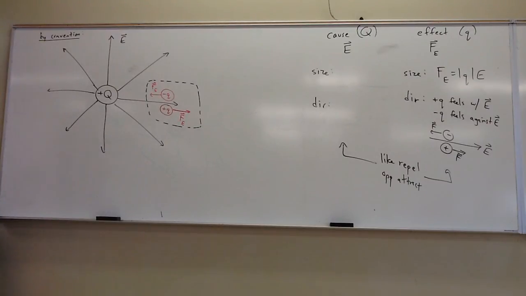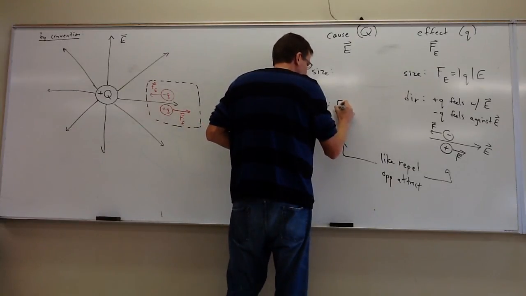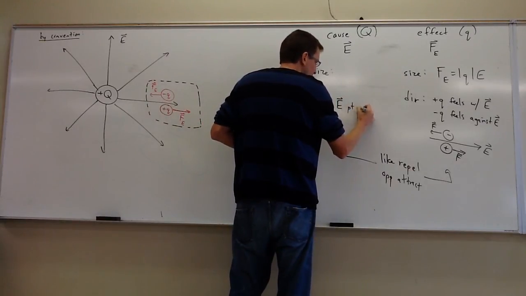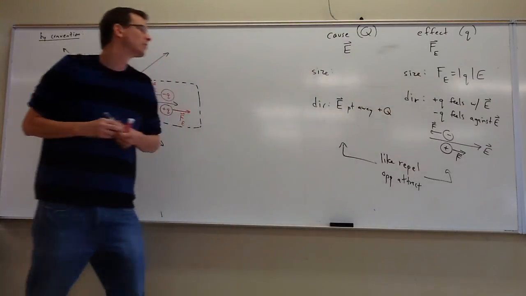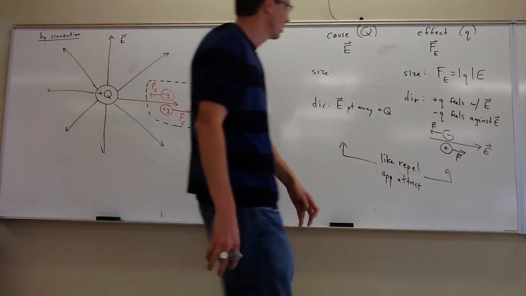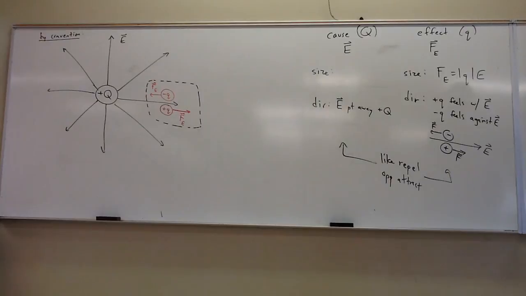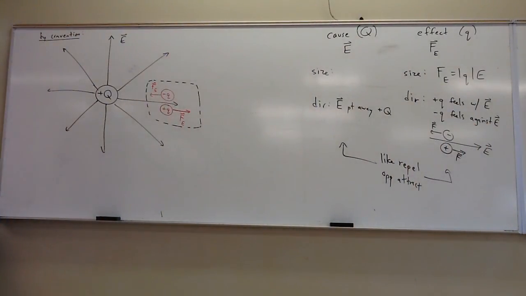So going along with this, electric field lines point away from positive charges. So we can talk about what the big Q causes. The electric field lines go away from it. That's by convention.